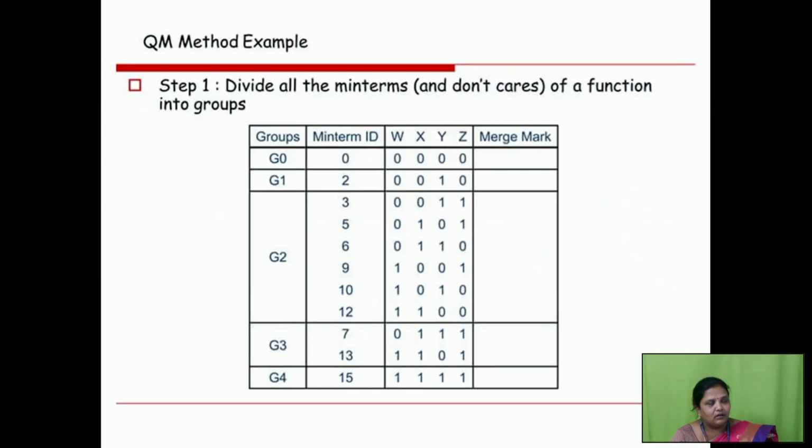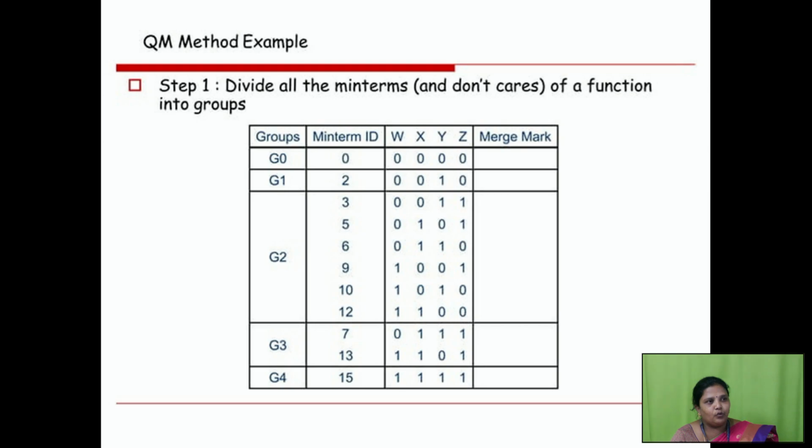Then according to the number of ones available, we have to make it into groups. For 0 we don't have any ones, so 0 comes under one group, and 2 will have only one 1, so G1: 0, 0, 1, 0. Then next G2.